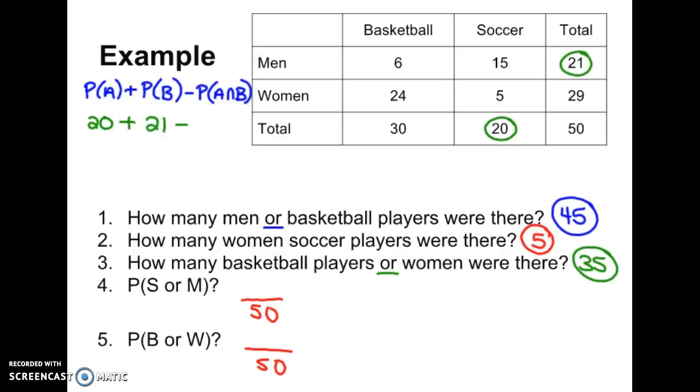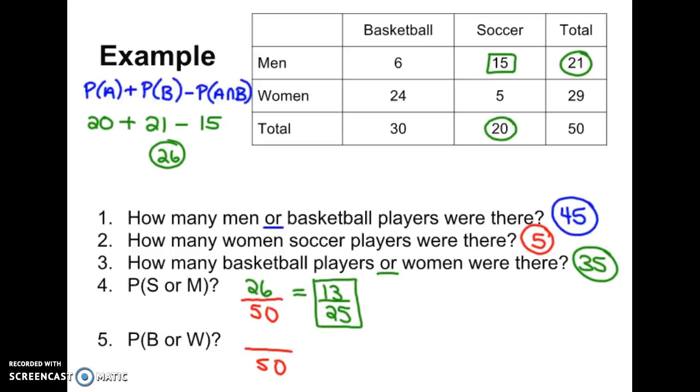And I'm going to subtract out where they overlap so I don't accidentally count the same group twice. That's where I'm going to have male soccer players. So men that play soccer is 15. So I don't want to count them twice. When I total that up, I end up getting 26. So 26 out of the 50 people fall into that category. If you reduce that, that ends up being 13 over 25.